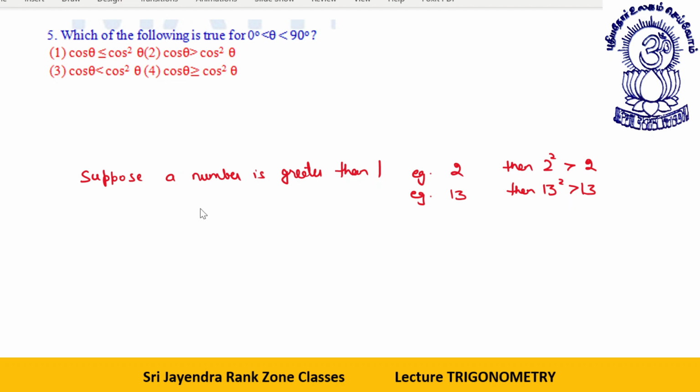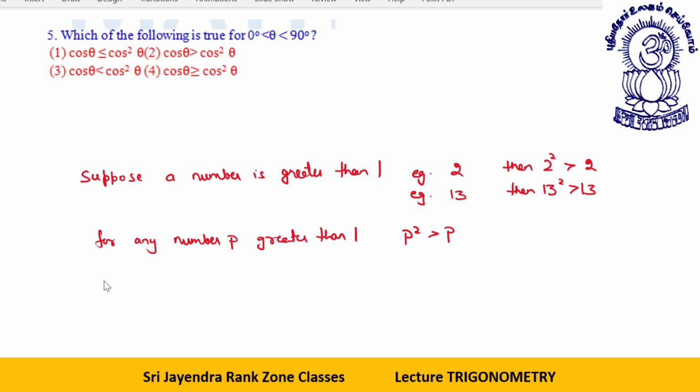For any number p greater than 1, p square is always greater than p.